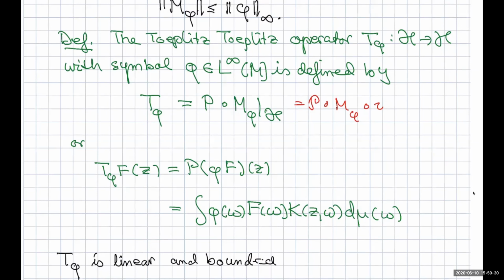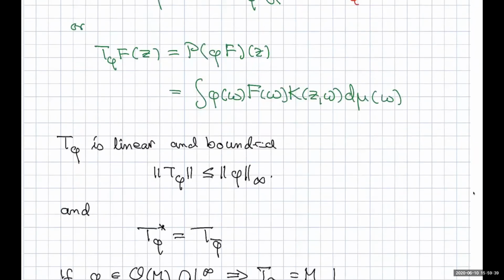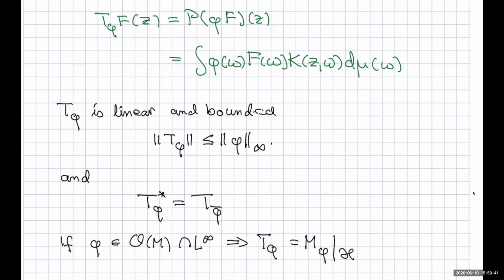It's an integral operator and the kernel is phi times the reproducing kernel. Okay? And then it is pretty obvious that if you take the star of this operator, or what is the star of a linear map, T U V is just U T star V, okay?